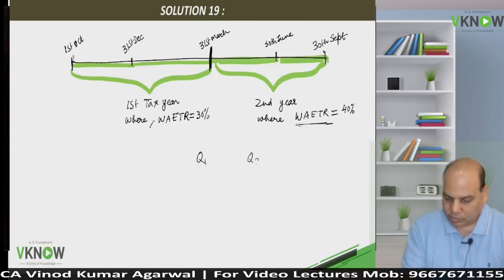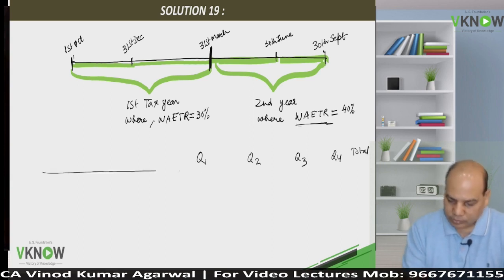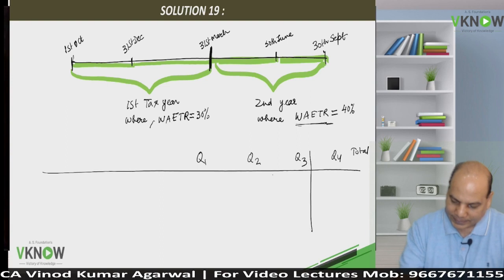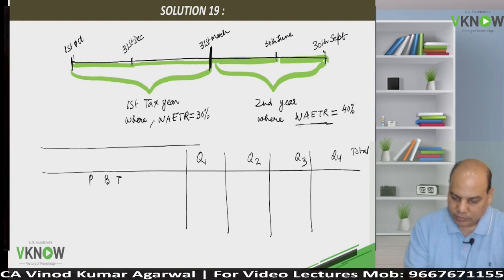quarter 1, quarter 2, quarter 3, quarter 4, and maybe you can add a total column also. Profit before tax is 100 lakhs in each quarter.